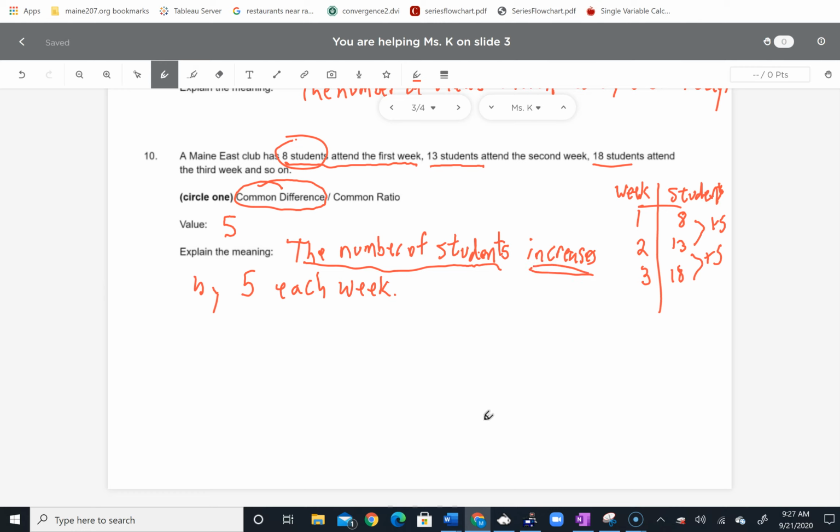How it's changing. This is where we're going to describe in math what number is changing and how. The increase means addition. And then how often. So that's your threefold sentence. You need to address all 3. We're going to wrap up this video and have a final one for slide 4.